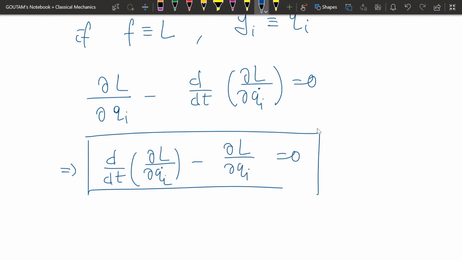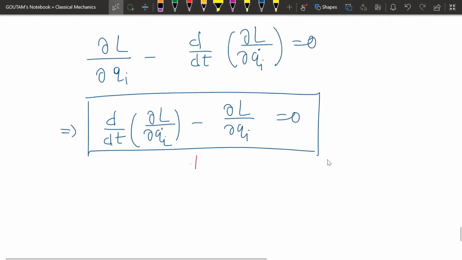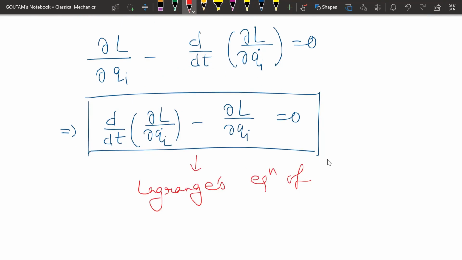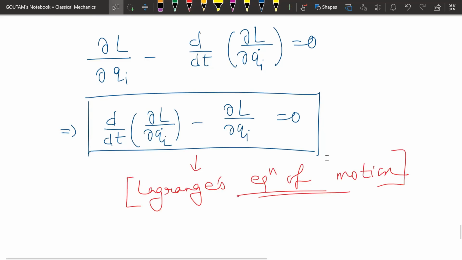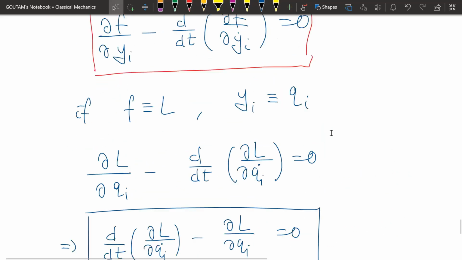This is Lagrange's equation of motion. From Hamilton's principle, we derive this. Okay.